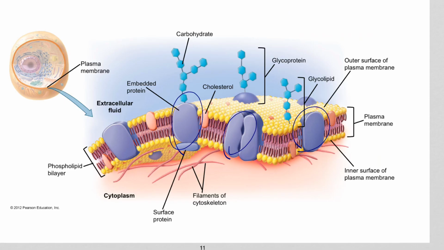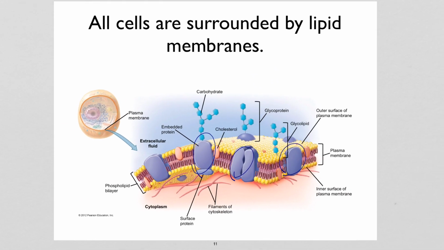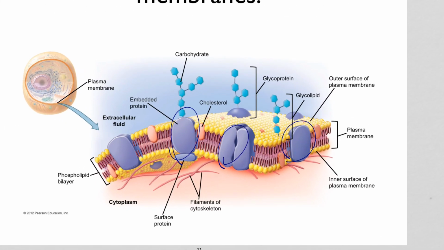And zooming in a little bit closer, I just want to remind you, cell membranes in bacteria look different in a lot of ways compared to eukaryotic cell membranes, but the general principle is the same. Right?